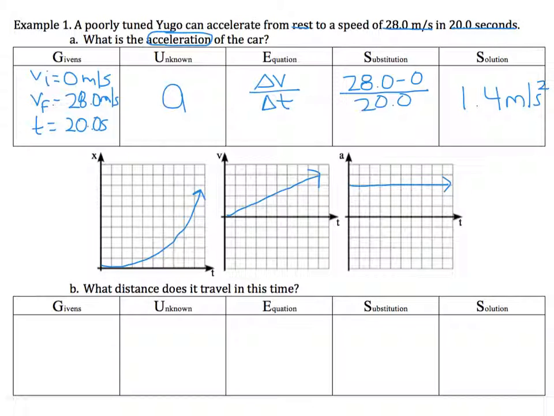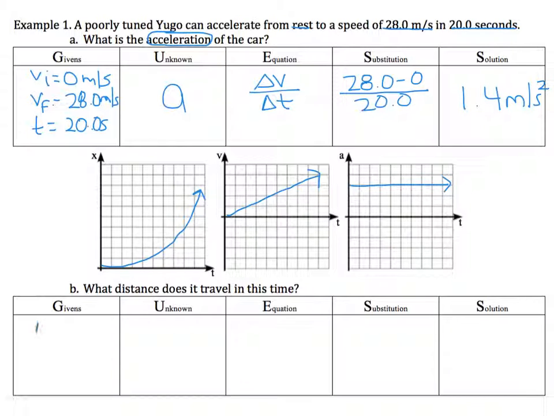Now, as far as our distance, what distance does it travel? We're going to use the same information and include the acceleration we just calculated, which means if you did not get the calculated acceleration correct, now B is also going to be incorrect. So be careful with your math.